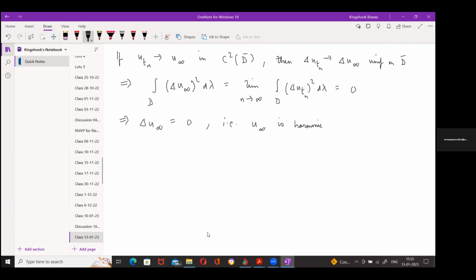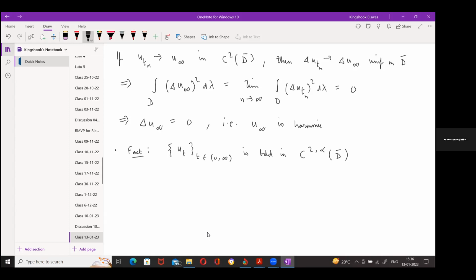The fact is that u_t, for t in (0, infinity), is bounded in what's called C2 alpha of D closure.